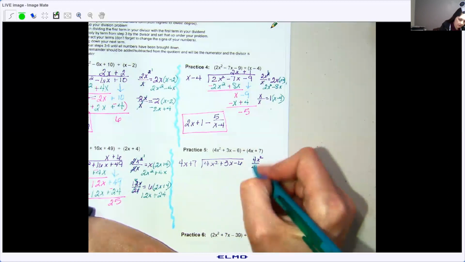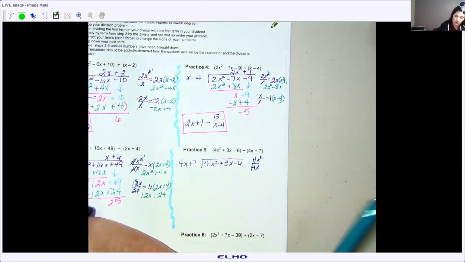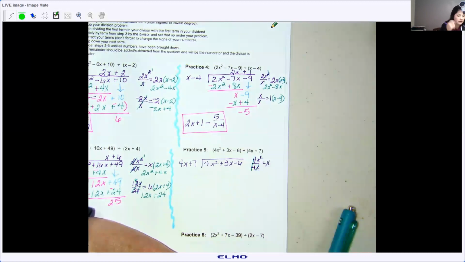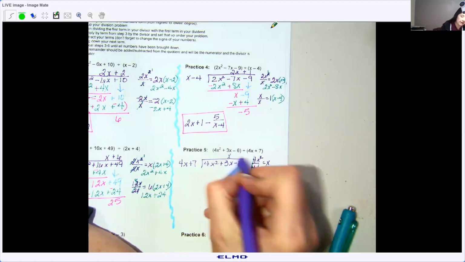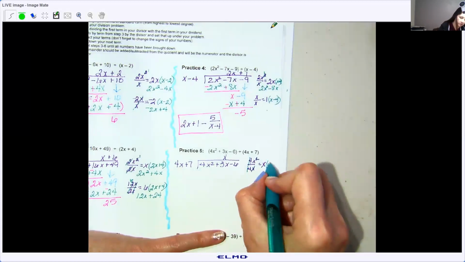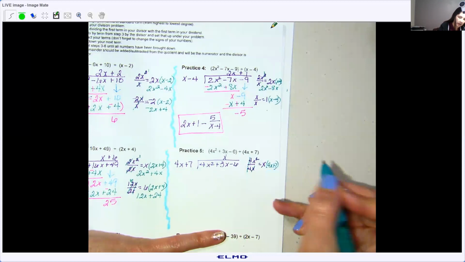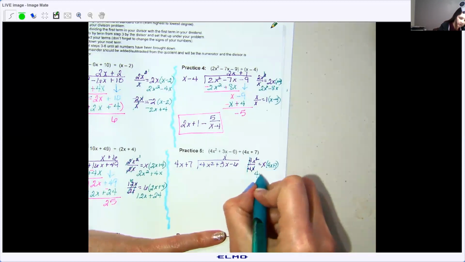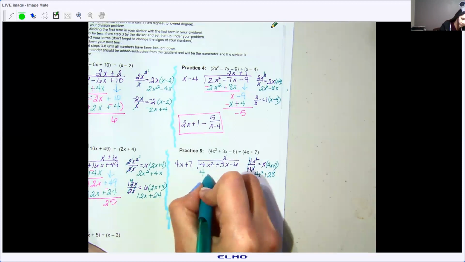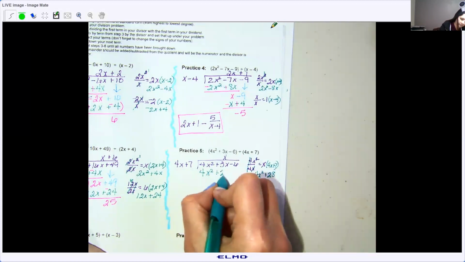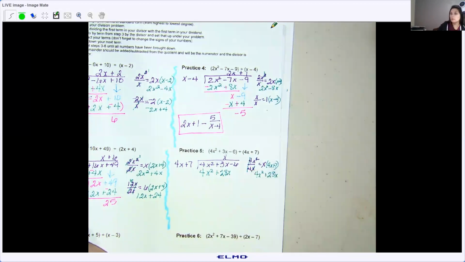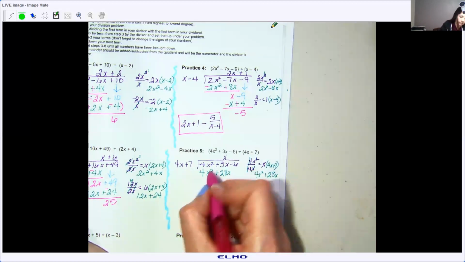And those cancel out, and we're left with 1. So we end up with just an x. So I'll put my x here, and now I'm going to multiply x times 4x plus 7. And I get 4x squared plus 28x.